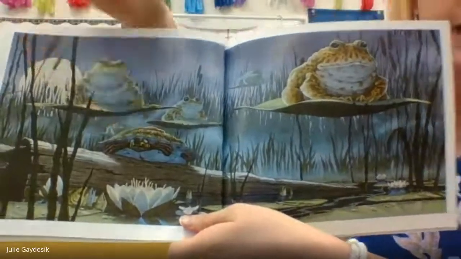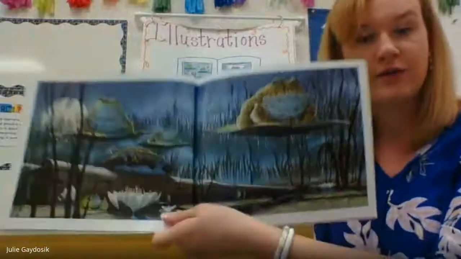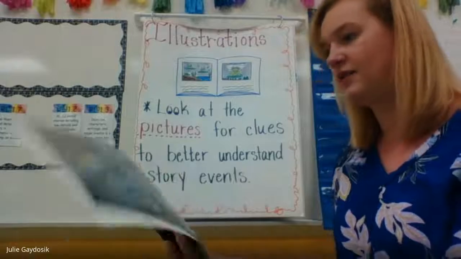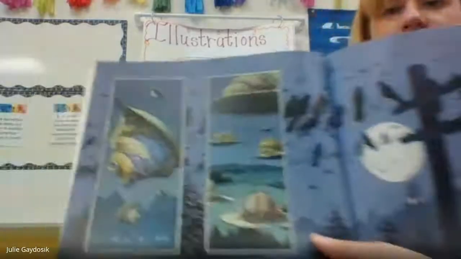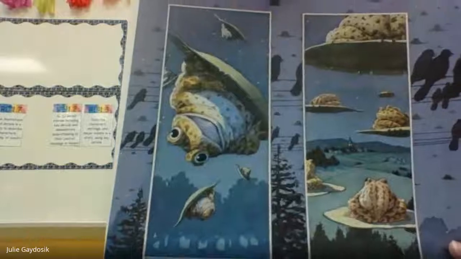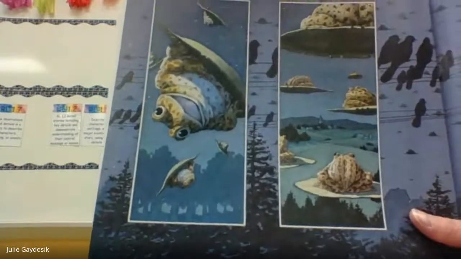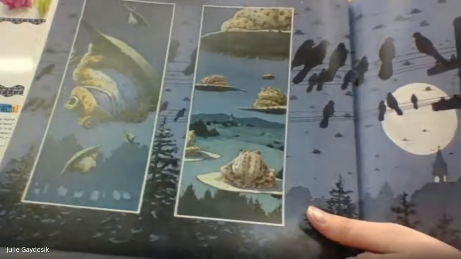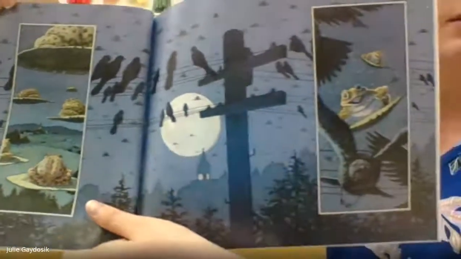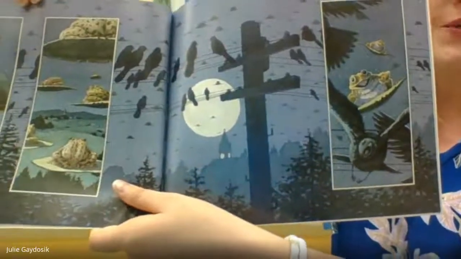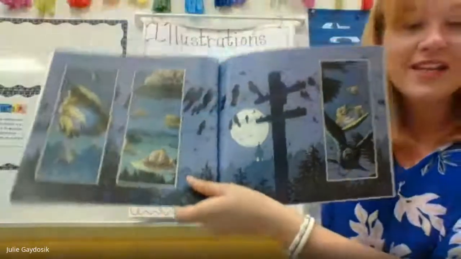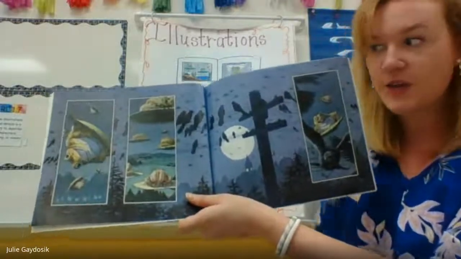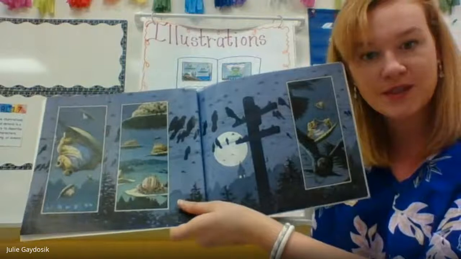Look at that turtle. He's like, what is going on, right? My goodness. What are those frogs doing? Right, they're flying so high, they're chasing after birds. Look at them. And they're doing upside down backflips.